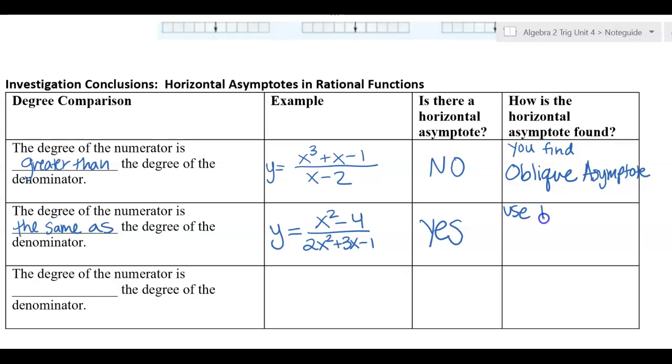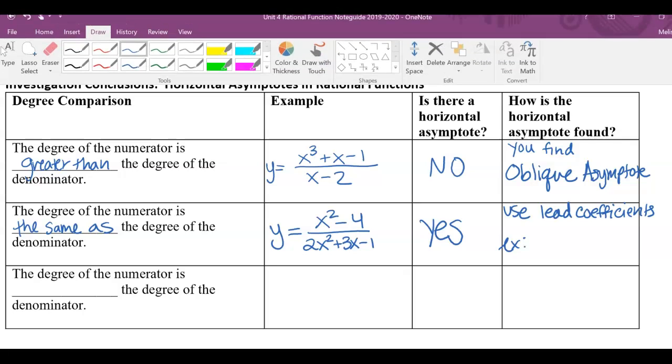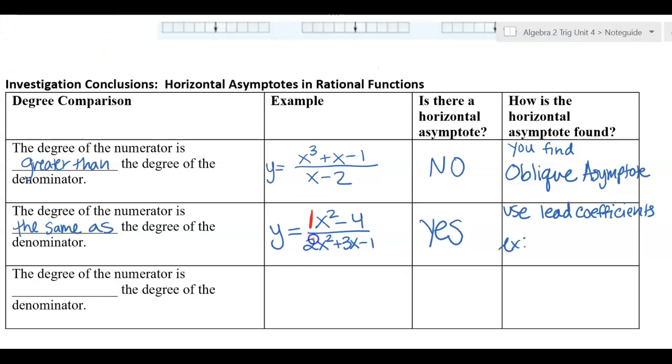You use the lead coefficients. So for example, in my example, my polynomials have degree 2 in the fraction. The 1 and the 2 would be the lead coefficients. And so my horizontal asymptote would be at 1/2.